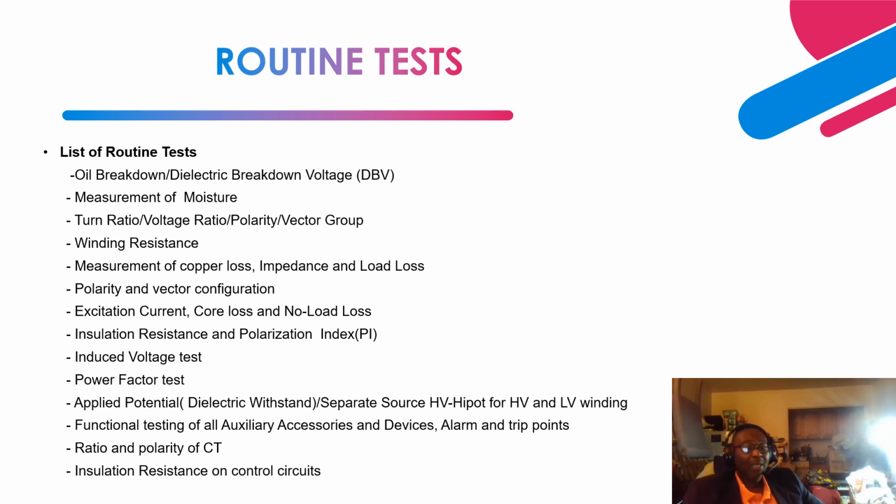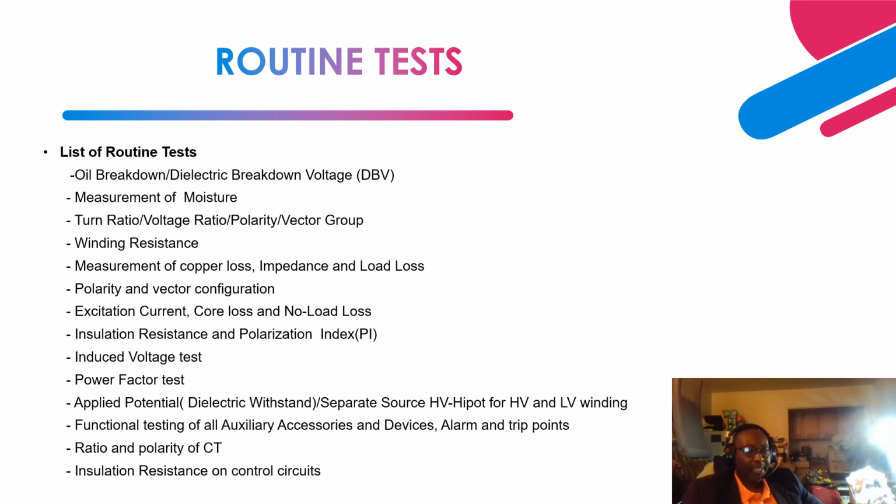However, for a service-aged transformer, we are expecting a polarization index of 1.5 and above. Anything below 1.5 falls short of that and requires investigation. For the insulation resistance value, for a new transformer we're expecting a gigaohm range, and for a service-aged transformer, about 100 megaohms.